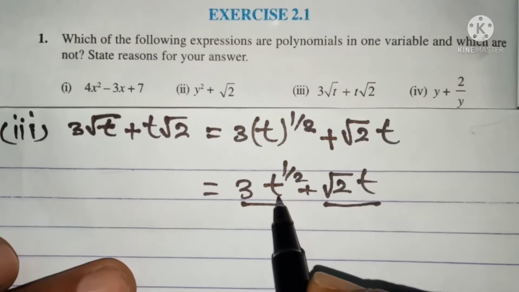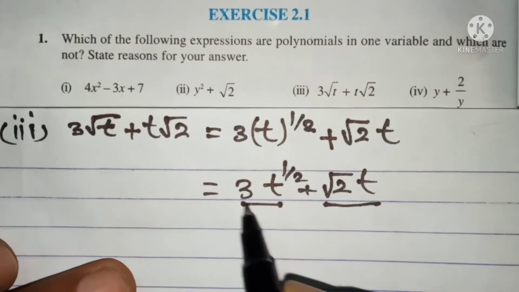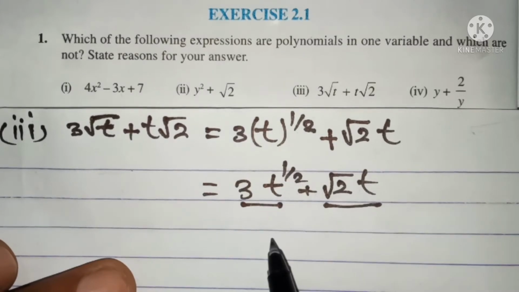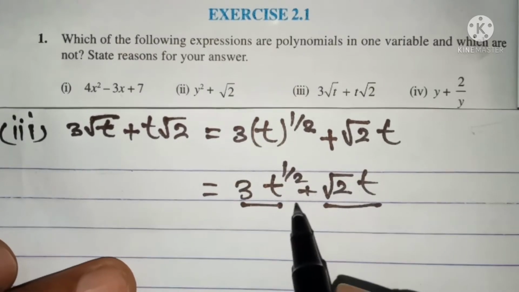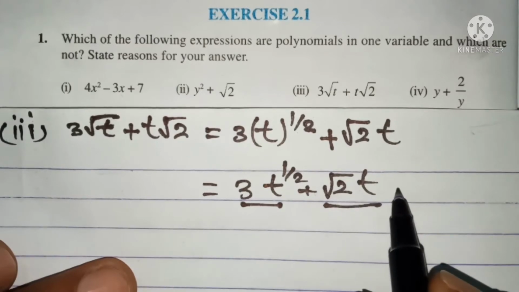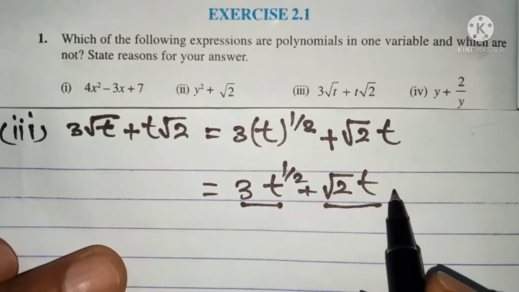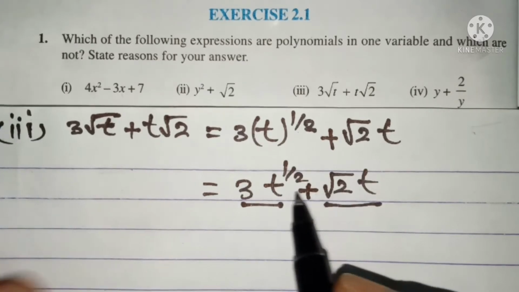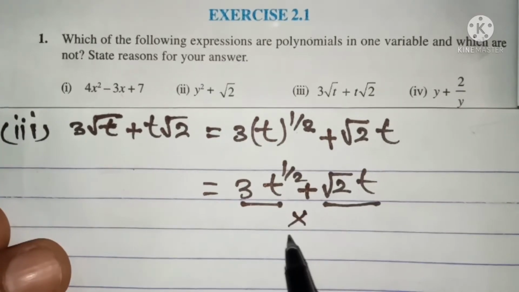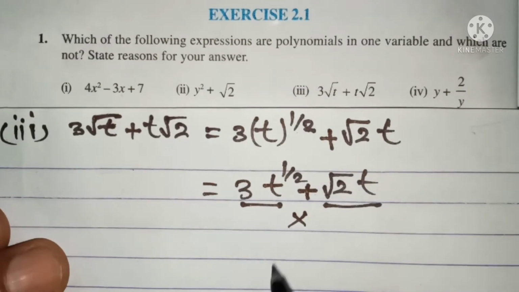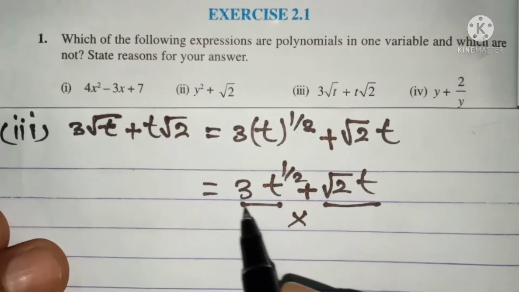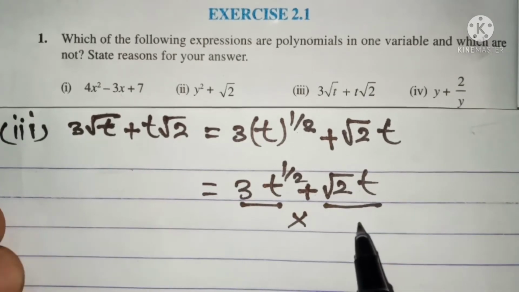Here the variable is t, and in this term it has its power 1 by 2, which is not a whole number. So the second characteristic of a polynomial is not fulfilled by this expression, so this expression is not a polynomial, although it is in one variable.